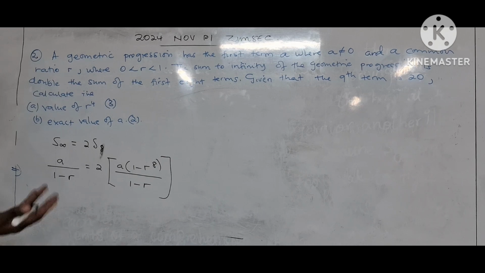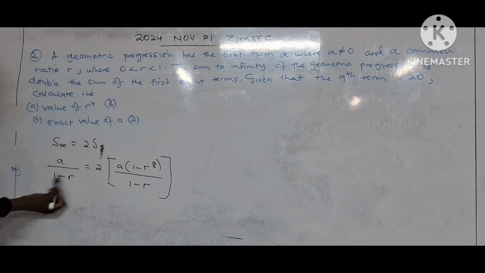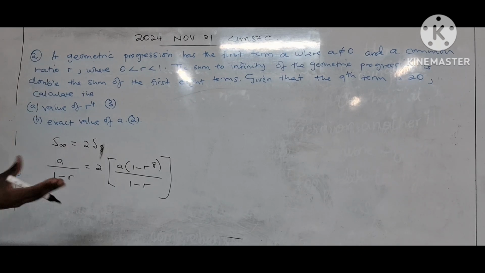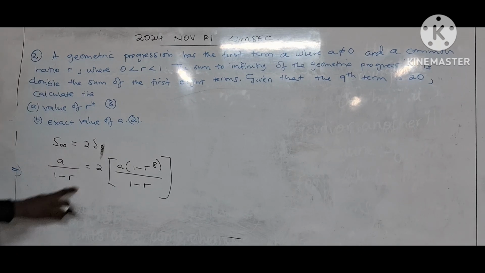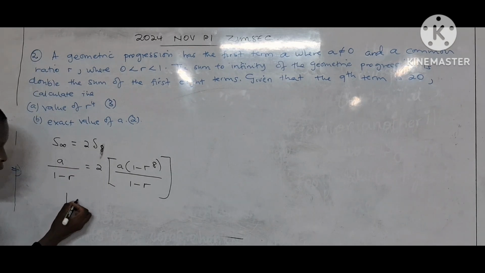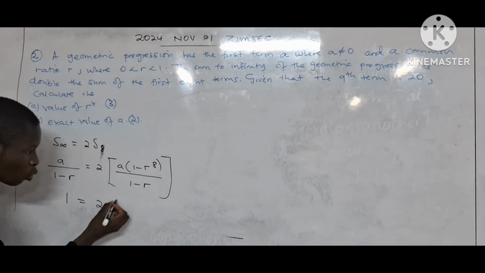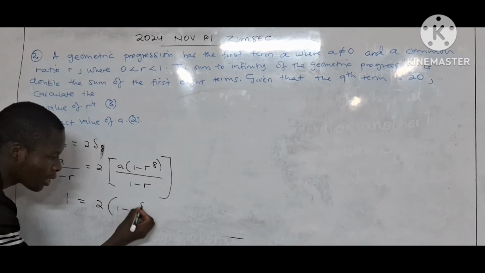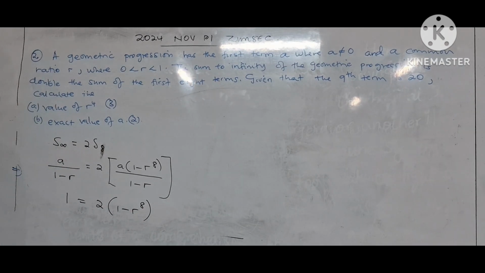If you check now, here you have A, here you have A. Here you have 1 minus R, here you have 1 minus R. So you can divide both sides by this. You remain with 1 is equal to 2 into 1 minus R to the power 8.